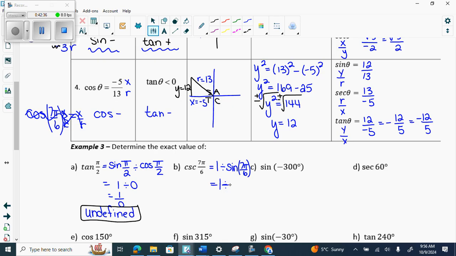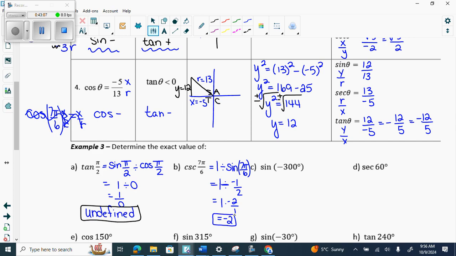What is sine of 7 pi over 6? What's the y at 7 pi over 6? It's on your unit circle. Same place as 210, 30-degree reference angle. There's a 1 over something, negative a half. So it'd be 1 times negative 2 over 1, which is negative 2.